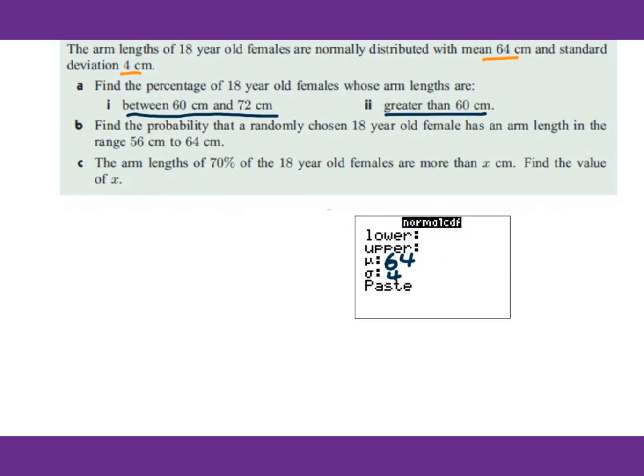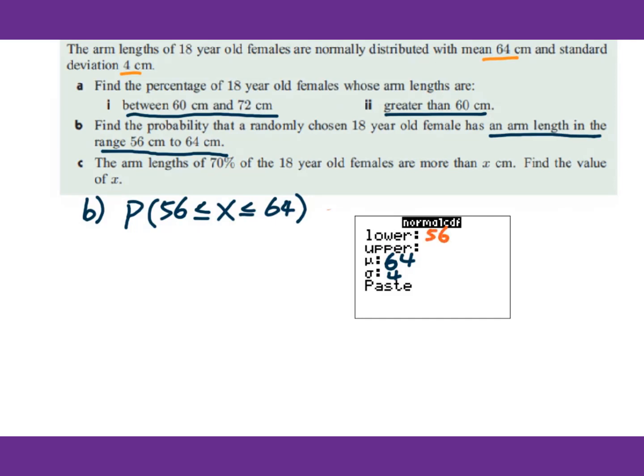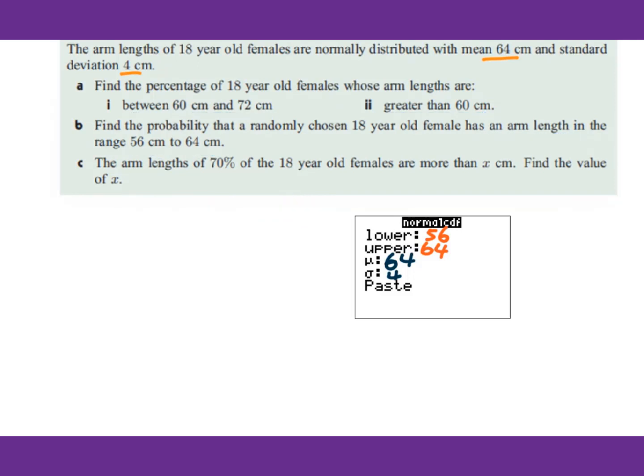For B, find the probability that a randomly chosen 18-year-old female has an arm length in the range 56 to 64 centimeters. So we're looking for probability X greater than or equal to 56 but less than or equal to 64. We put 56 as lower, 64 as upper. You will get 0.477. Now let's go to C.